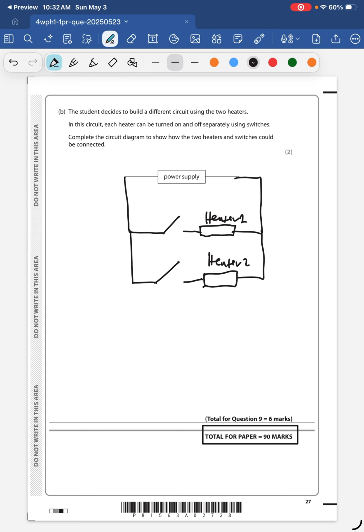Let me see. Yeah, this will allow you to turn on and off the heaters independently, right? I mean, if I close this switch, heater 1 will be turned on, and I think this works.